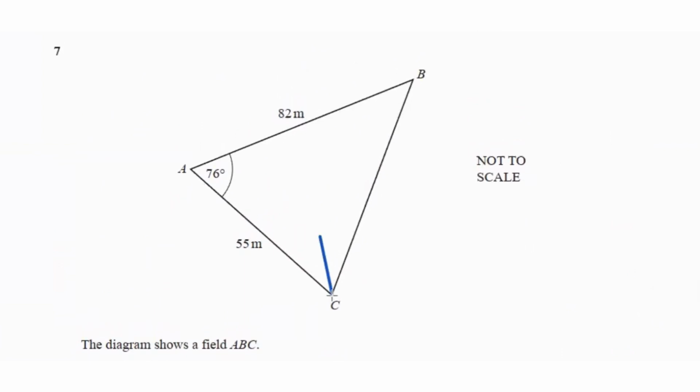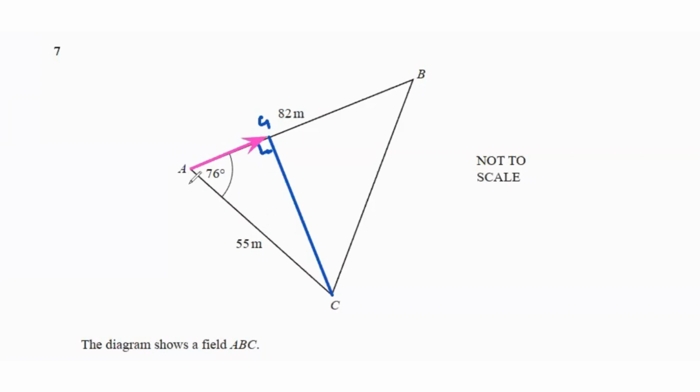So the shortest distance of C from AB is this. This will be perpendicular to this. So we have to calculate AG, which is this distance.